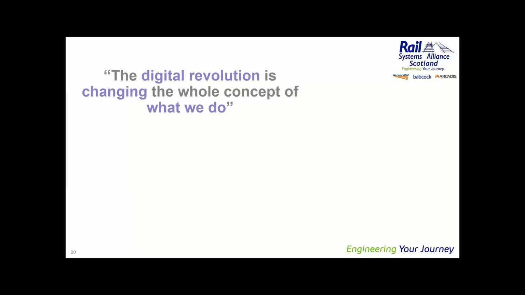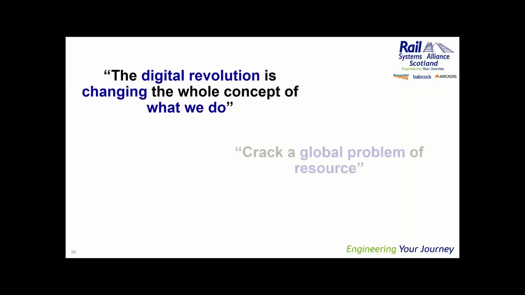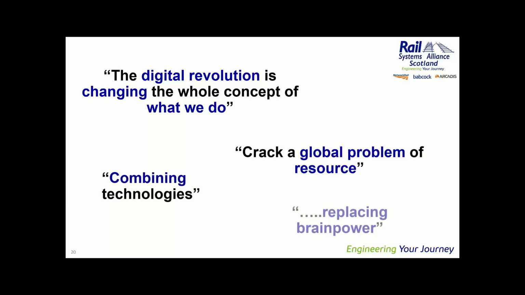A few quotes here about the digital revolution. So the digital revolution is changing the whole concept of what we do. The digital revolution is trying to crack a global problem of resource. That's human resource as well as natural resource. The digital environment is trying to combine the technologies that we use to get the best out of what we're trying to do, and also about trying to replace brain power.